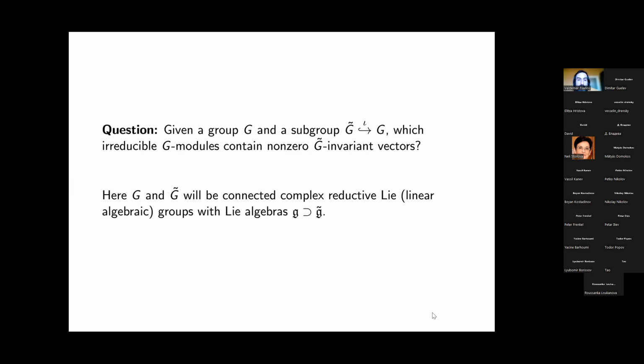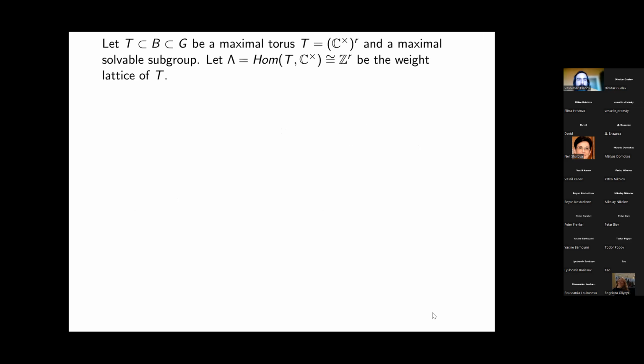Or many canonical objects are defined as invariant vectors with respect to a suitable subgroup. Say the determinant or a trace. So this general question has many faces and it occurs in many situations, but I will try to treat it here structurally.